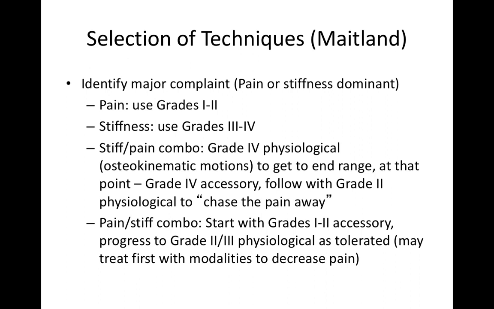This is very hard to describe through a module, so this is something that you're going to get more practice with in class when we move into the laboratory setting. Again, if we have pain and stiffness as a combination, we might start with grade 1 or 2 movements and then progress to higher grades as described before as the patient improves in their tolerance and decreases in their irritability.